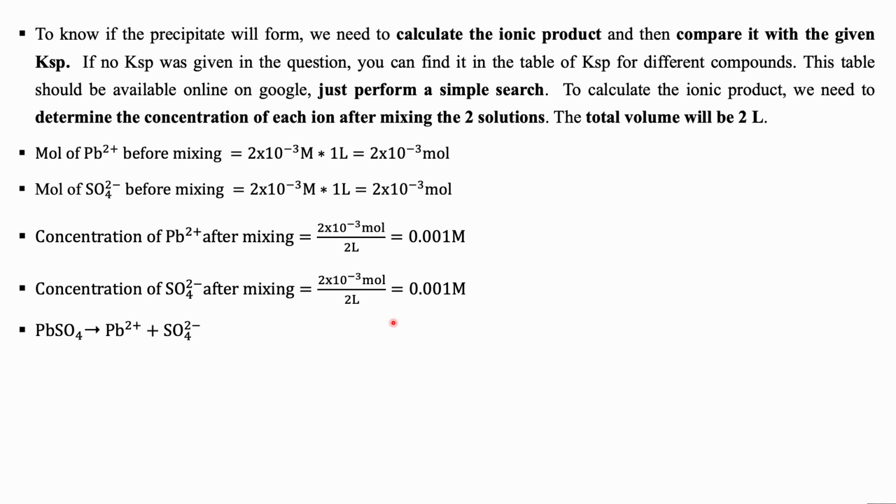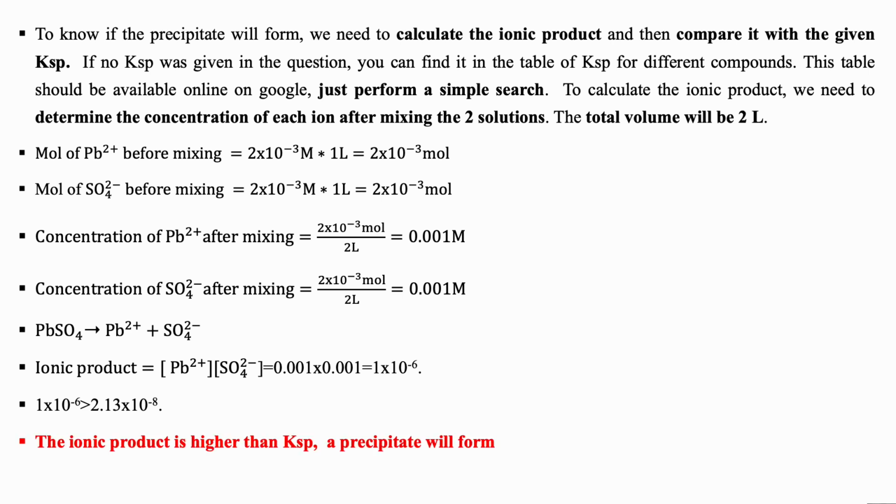Then we just see how the equilibrium is going to happen. We have lead sulfate, which gives lead plus sulfate. In this case, we determine the ionic product. So we multiply their concentrations, we get this as the ionic product. Then we compare the ionic product with the Ksp. We see that the ionic product is higher than the Ksp.